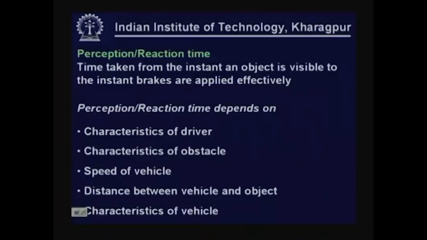First, the perception reaction time. Whenever there is a necessity to stop the vehicle, how does it happen? First of all, an object becomes visible to the driver, it goes inside the mind, that information is analyzed or processed, and the driver makes a decision that yes, he needs to stop the vehicle.